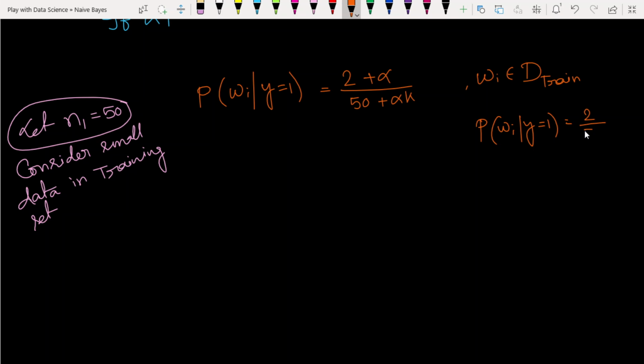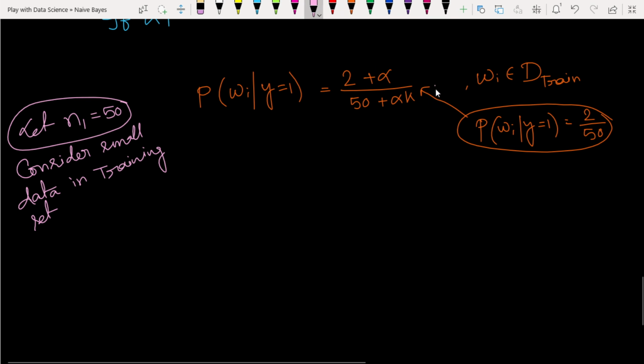Here we are applying alpha, that is Laplace smoothing, adding both terms.